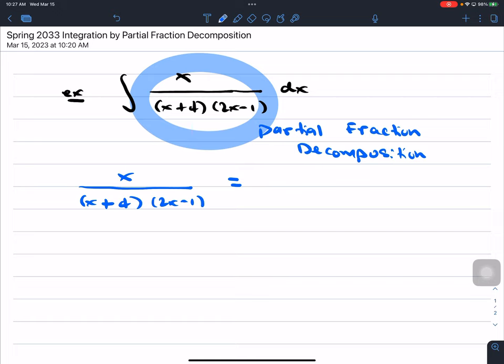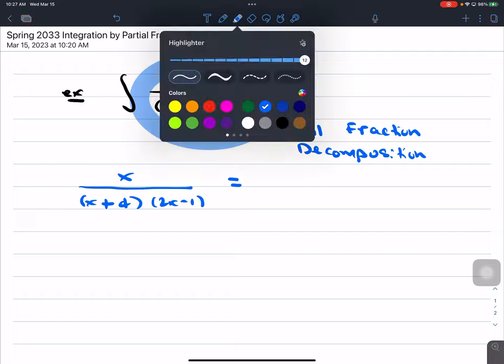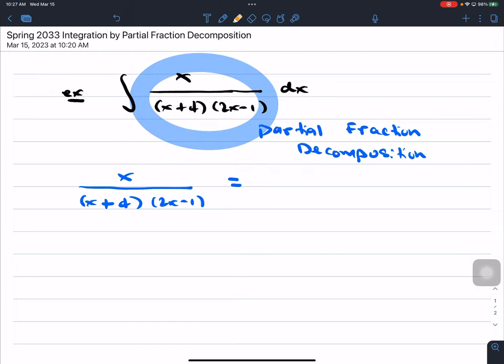They're going to be simpler. You're going to see what we're talking about, okay? And instead of integrating this, we're going to integrate the simpler rational functions.